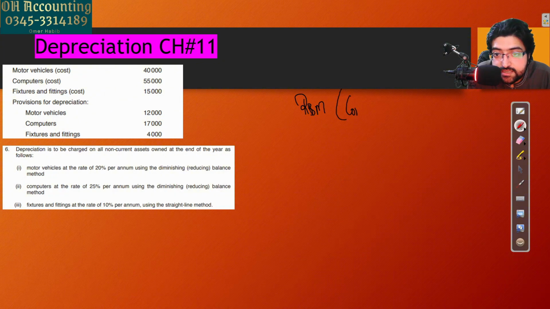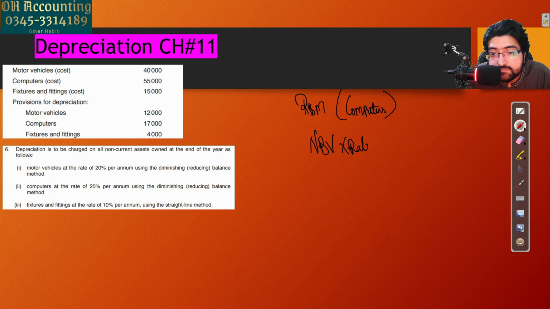We are depreciating computers. Reducing balance method, the formula is net book value multiplied by rate. Let's find the net book value first, which is simply cost minus provision for depreciation.